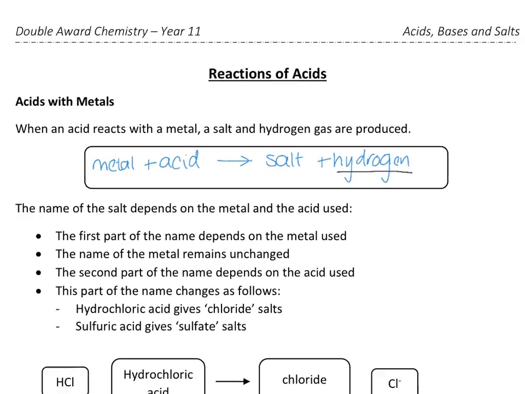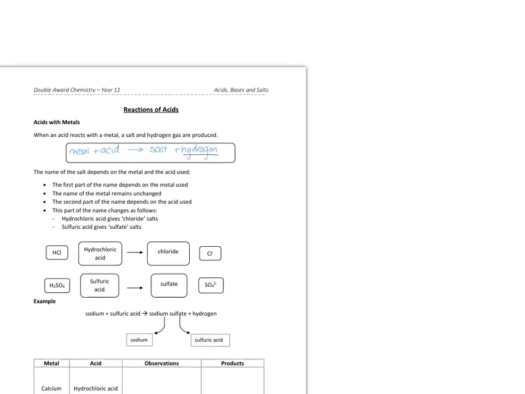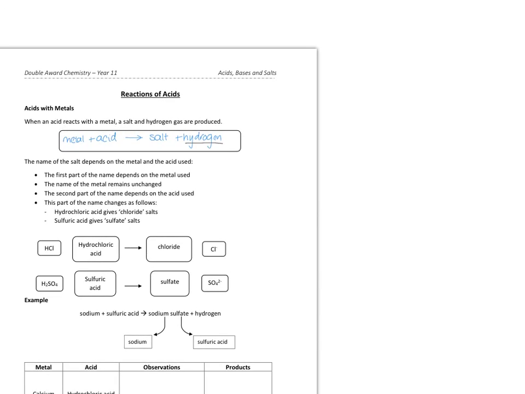So how do we determine the name of our salt? Well, we'll do some examples off to the side here. So say, for example, we had sodium and we reacted that with hydrochloric acid. Okay, so we take the first part of our name of the salt from the metal, and that remains unchanged.